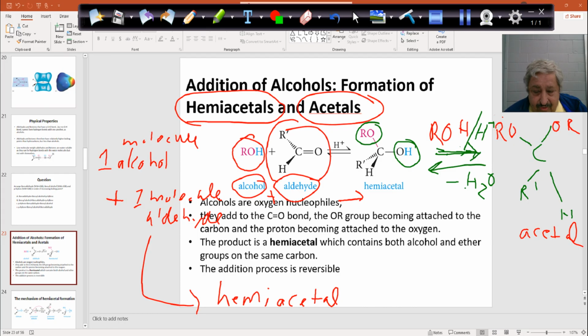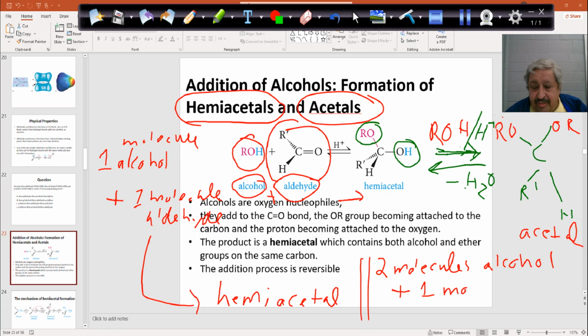However, if you get two molecules of alcohol plus one molecule of aldehyde, what you get is something called an acetal.